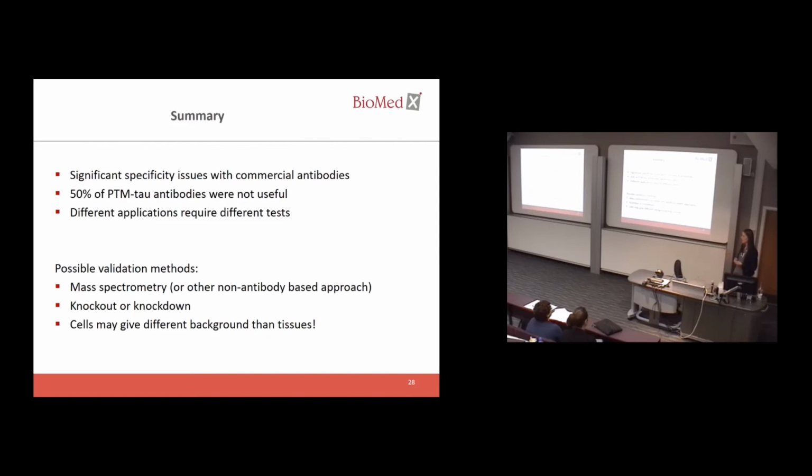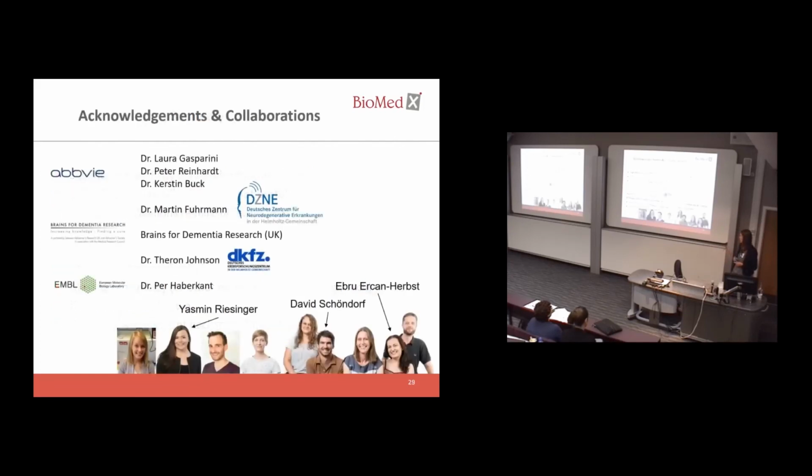This has really been a consensus throughout the meeting. The validation methods that have been very helpful for us were mass spec and also knockout or knockdown. And the big lesson for me was that cells give very different results from tissues.